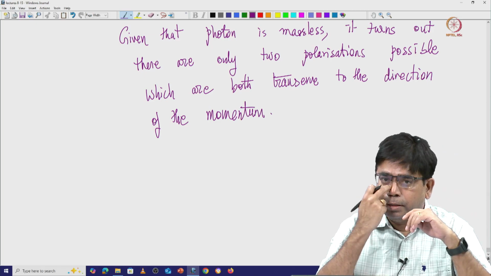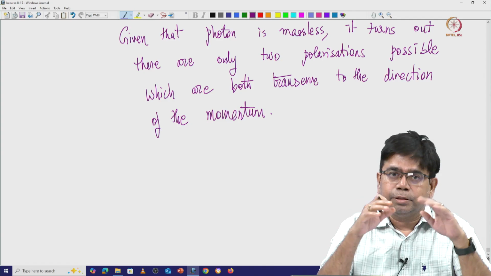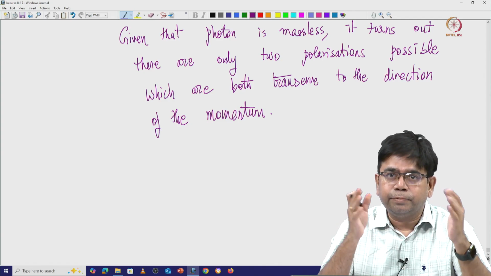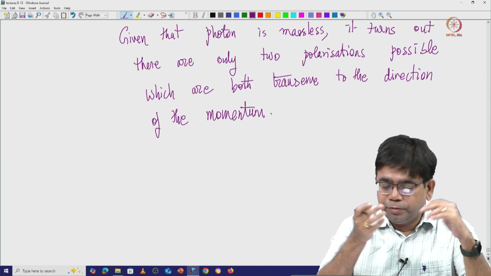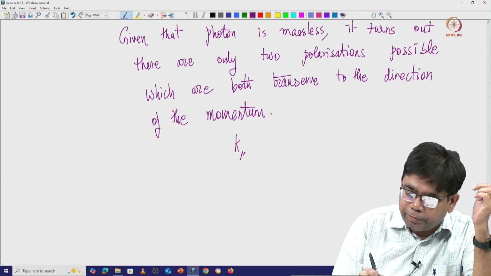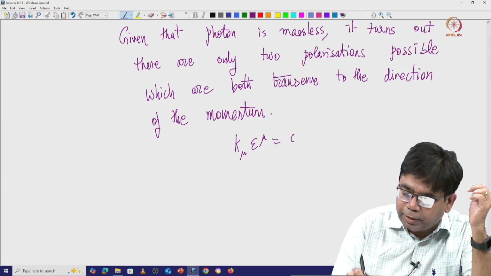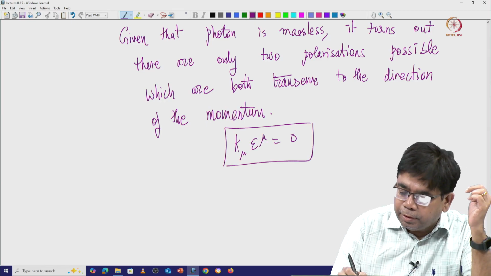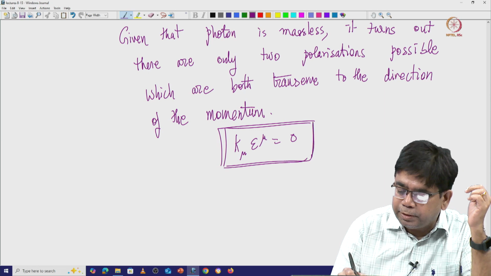So there are really two polarizations possible which are both transverse to the direction of the momentum, which we know because this is always true, that the photon always has transverse polarizations.